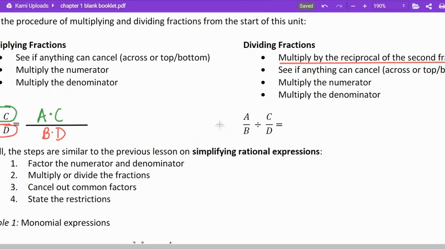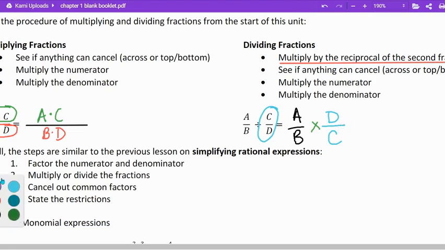So before I can do any kind of operations, I take the second fraction and I flip it. Now, because I have flipped it, the division sign turns into a multiplication sign. So I have dealt with the division sign by writing the reciprocal of the second fraction.